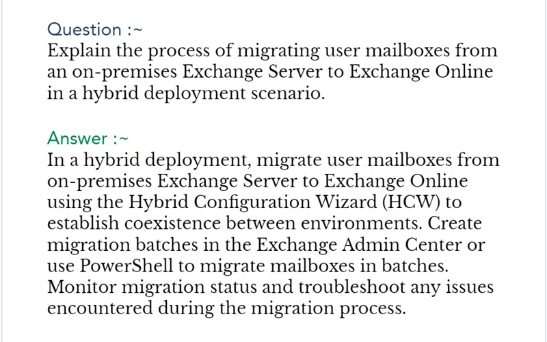Our next interview question is: explain the process of migrating user mailboxes from an on-premises Exchange server to Exchange Online in a hybrid deployment scenario. Your answer should be: in a hybrid deployment, migrate user mailboxes from on-premises Exchange server to Exchange Online using the Hybrid Configuration Wizard (HCW) to establish coexistence between environments.